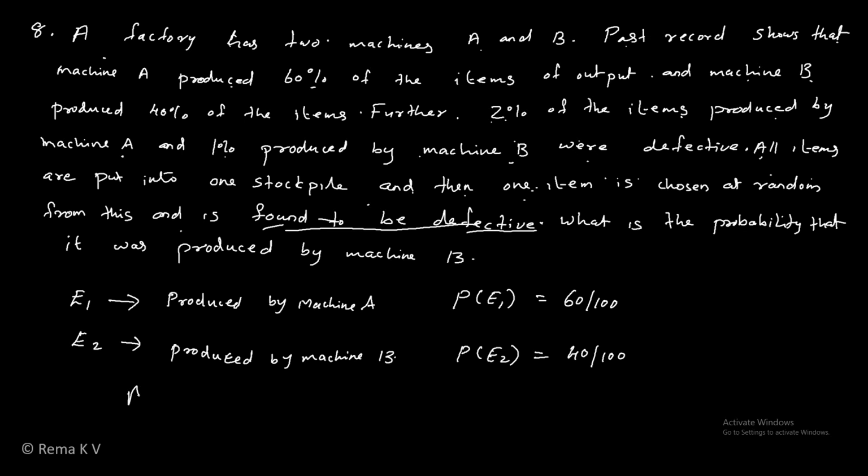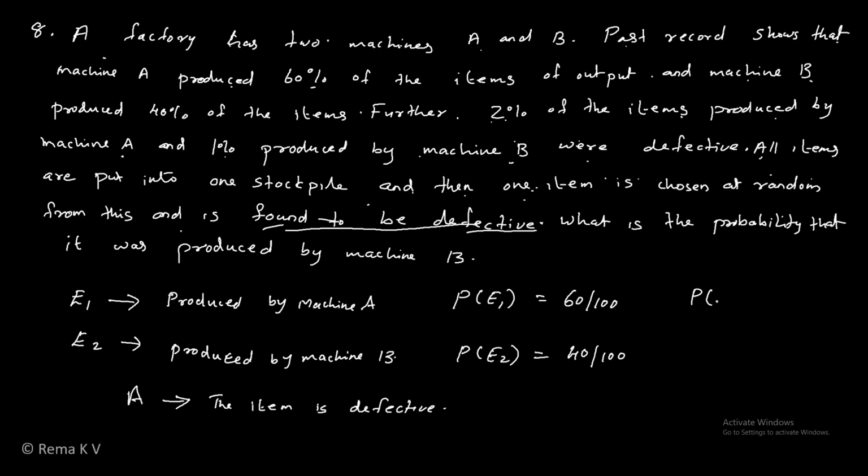Now what is A? The item is defective. That is the event A.